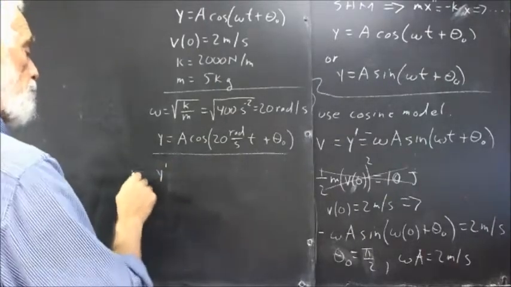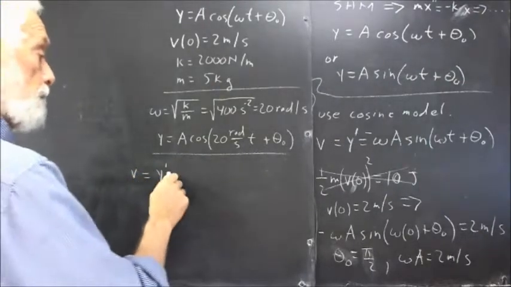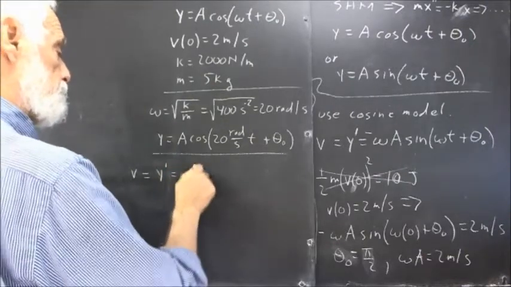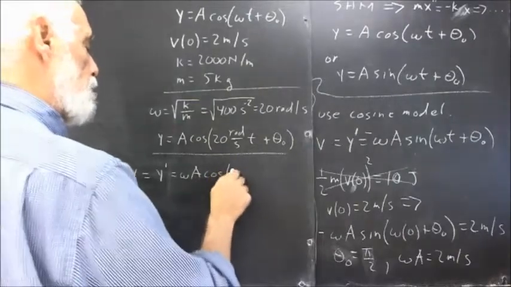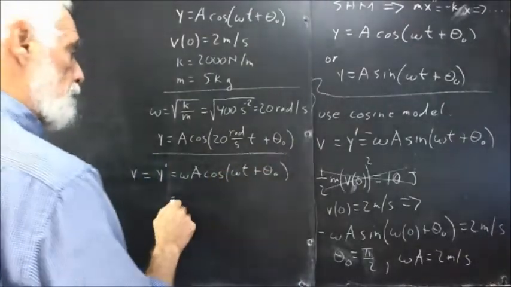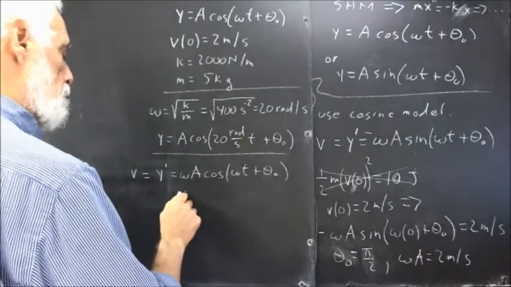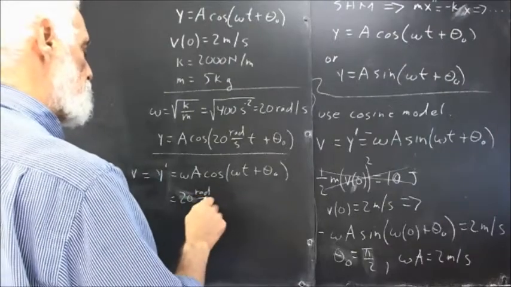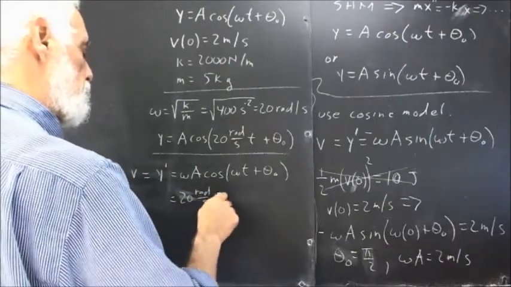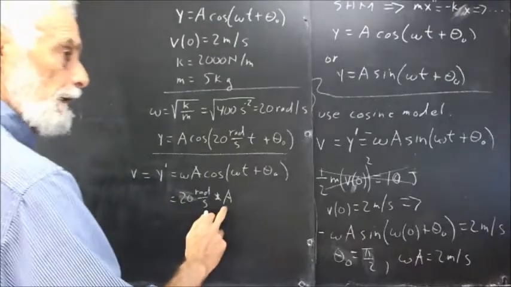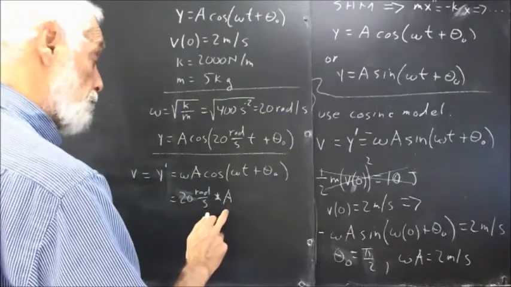Now, y prime, that's our v function, y prime is omega A cosine of omega t plus theta naught, which equals 20 radians per second times A. Now when we multiply out the radians per second by A, once we get a value of A, it's going to be in distance units.